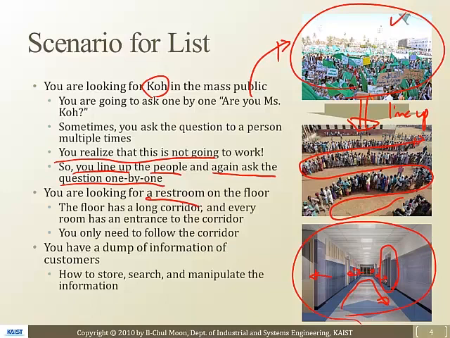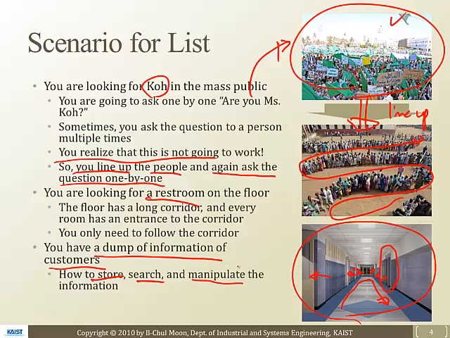What you see is that things are organized in such a way as to line up entities. So you have a dump of information from the customers. How do you store, search, and manipulate the information?